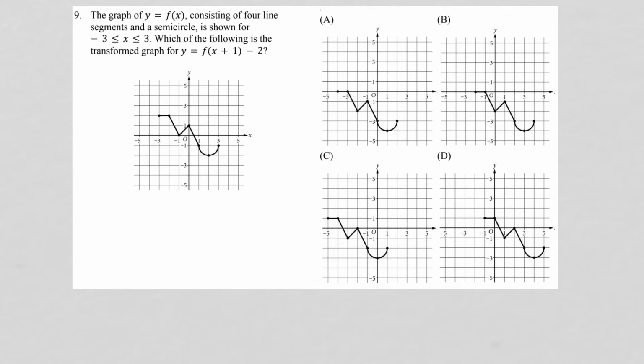Number 9. Here is a semicircle and 4 line segments. So this is a function. This here is a graph of it. It's a real unusual function, f of x.